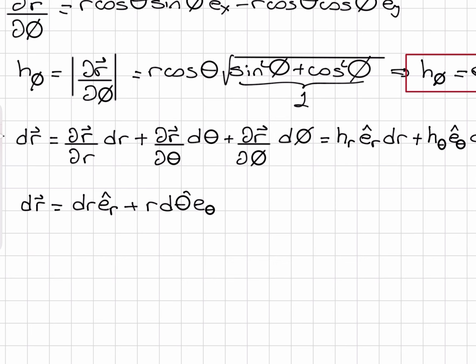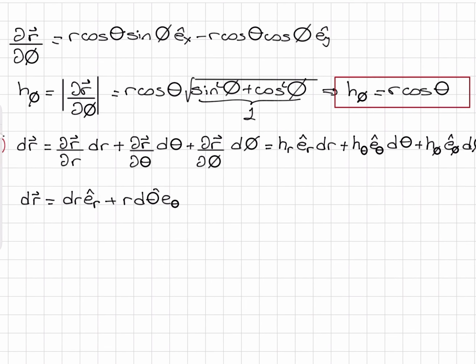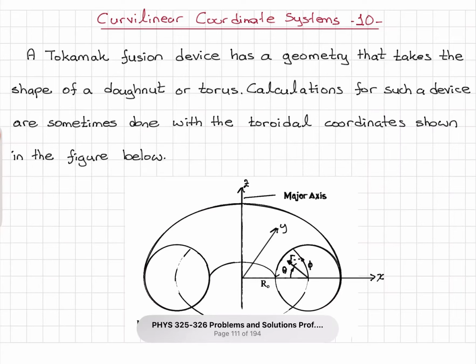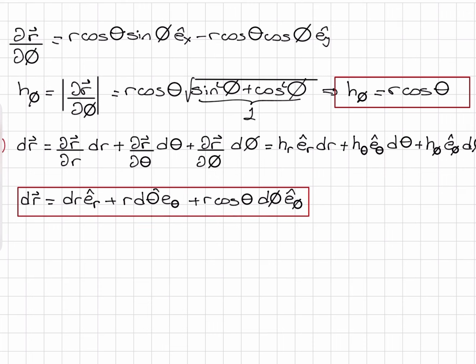And the scale factor we found for phi was r cos theta. So it is plus r cosine theta d phi e phi hat. So this is our answer for the displacement vector.